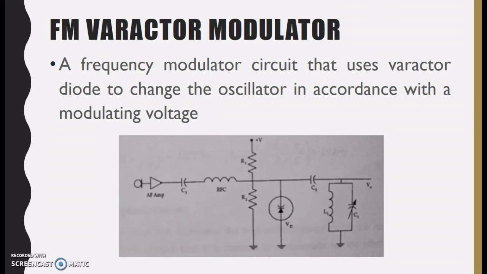The C3 is a blocking capacitor that keeps the DC bias out of the modulating signal circuits. So as the modulating signal varies, it adds to or subtracts from the fixed bias voltage. Thus, the effective voltage applied to D1, or varactor diode, causes its capacitance to vary. This in turn produces a deviation of the center frequency as desired.